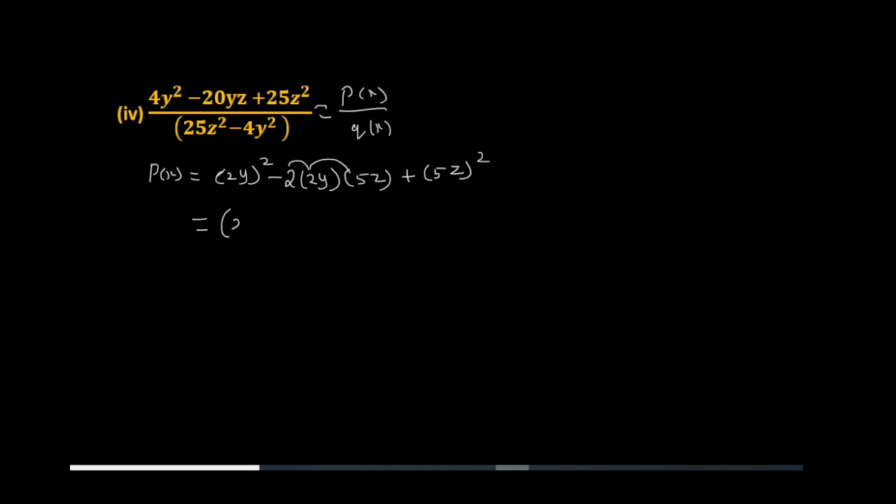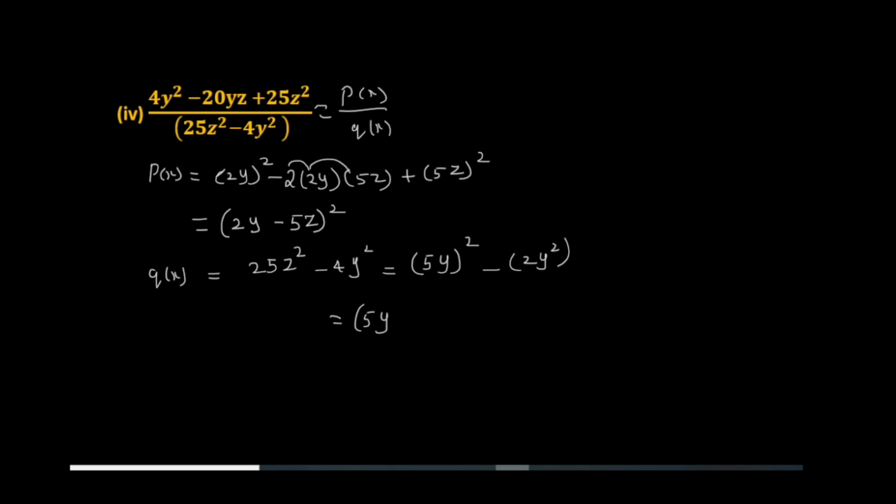So this is 2y, the middle term sign is minus, 5z the whole squared. Now the denominator q of x is 25z squared minus 4y squared. 25 is a square number, 5z squared, and 4 is a square number, 2y squared. This is nothing but a squared minus b squared, which is a plus b into a minus b.